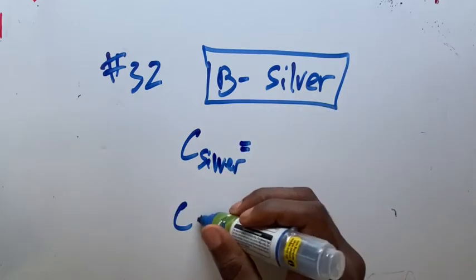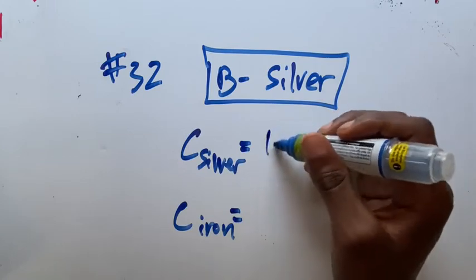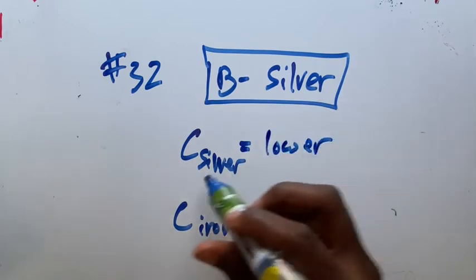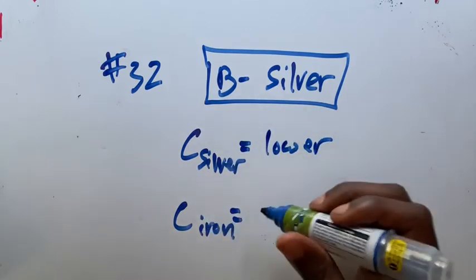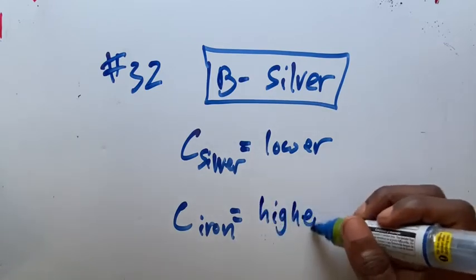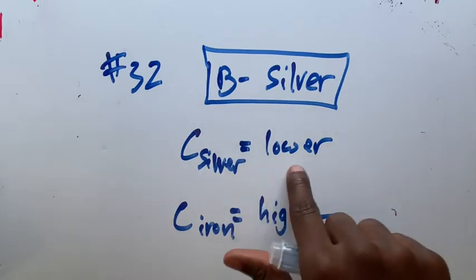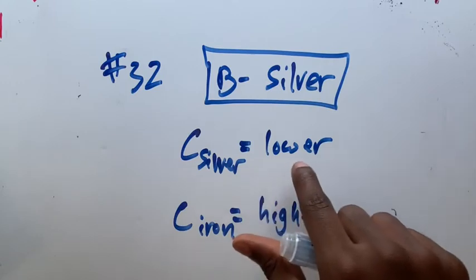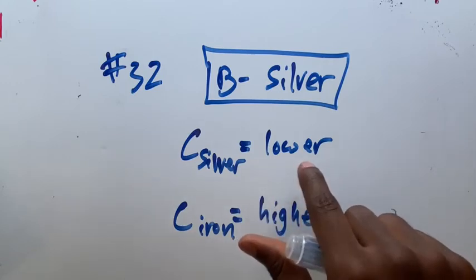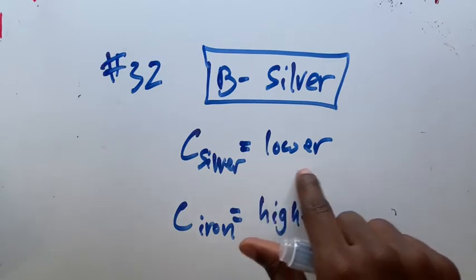I'm not sure what the values are, but we know the specific heat of silver is lower, and the specific heat of iron is higher. And since the specific heat of silver is lower, the temperature changes a lot faster.